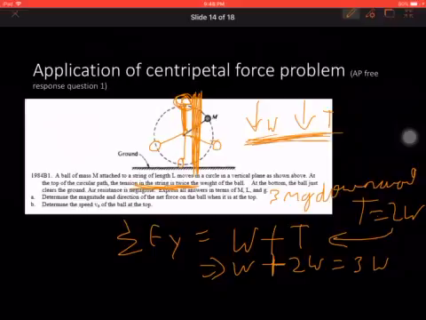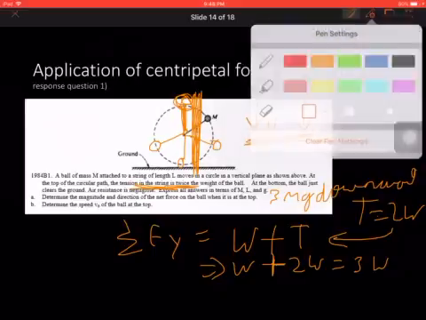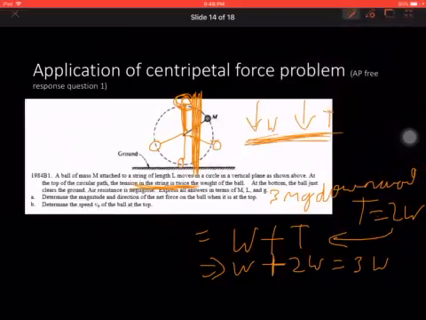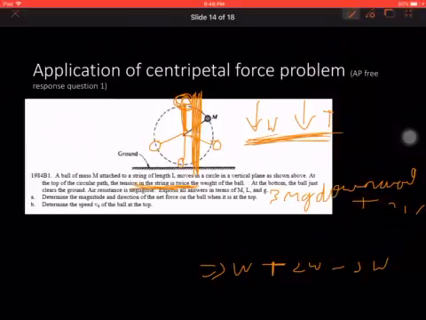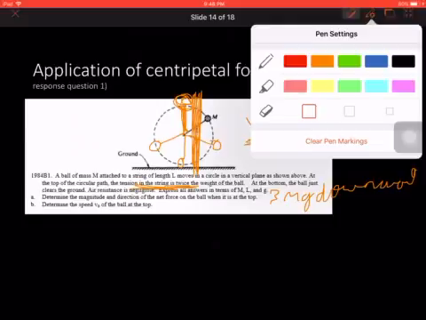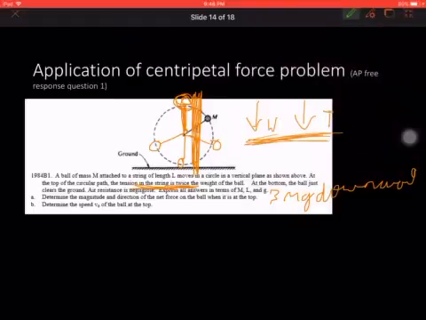Okay, part B. Determine the speed v0, or v initial, of the ball at the top. For this, we're going to need a kinematics equation.